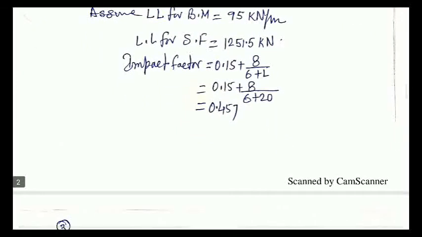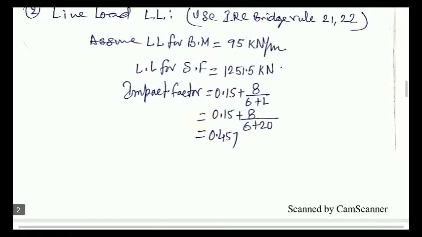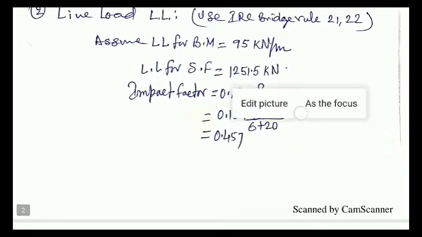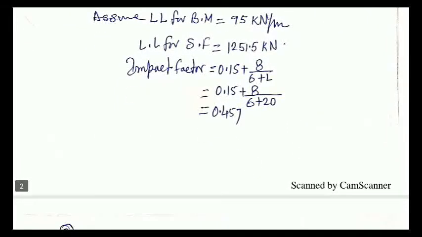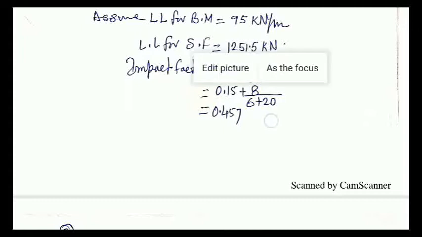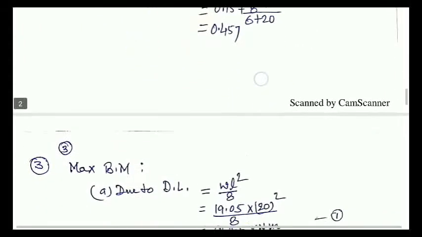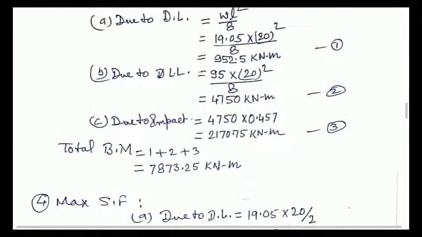Both are to be taken from the IRC bridge rule. Now the impact factor comes out to be, putting the values here, 0.15 plus 8 divided by 6 plus L, where L is the span of the bridge. On solution it comes out to be 0.457. Now finding out the maximum bending moment.